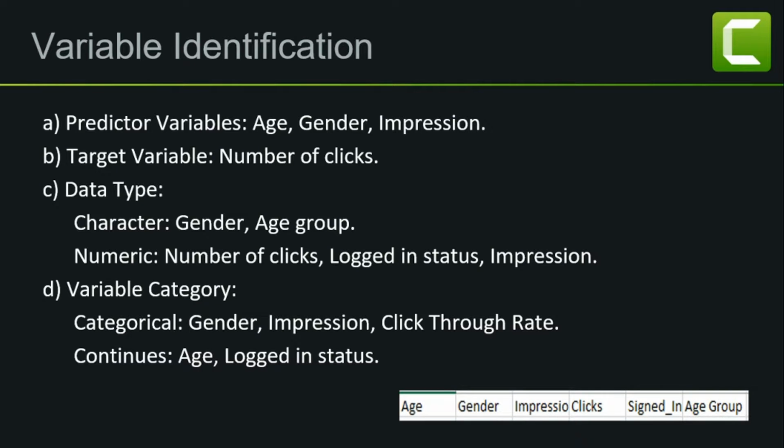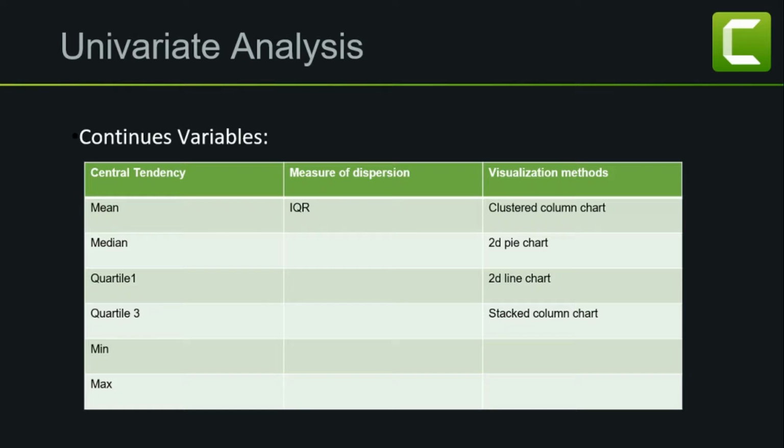Now we move on to univariate analysis. At this stage we explore variables one by one. Method to perform univariate analysis will depend on whether the variable type is categorical or continuous. For our case, we have used continuous variables.